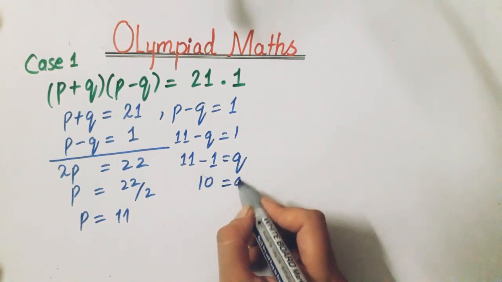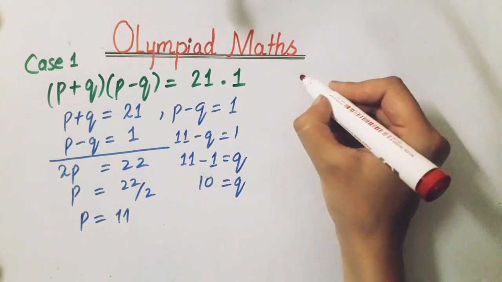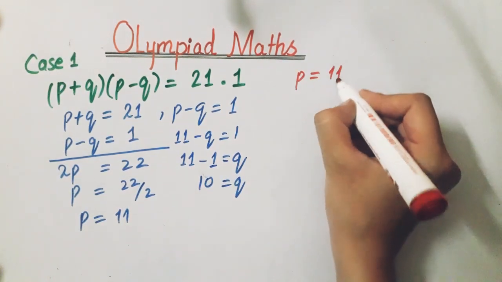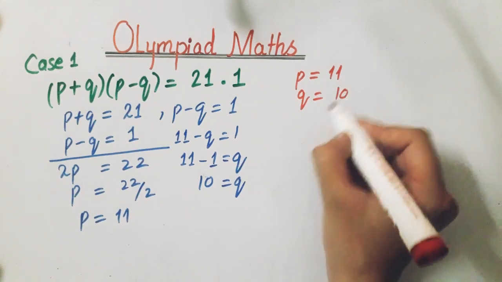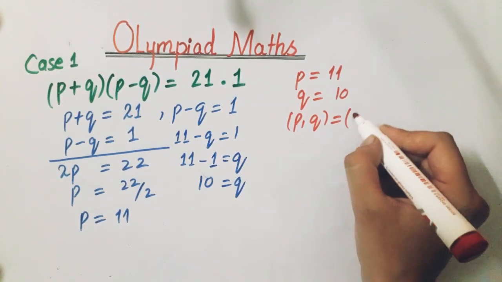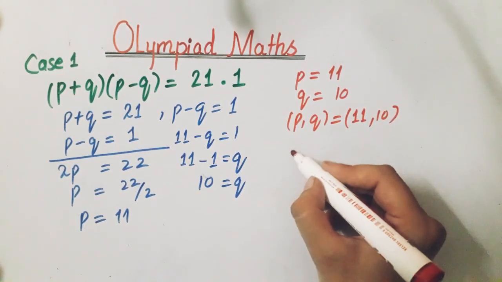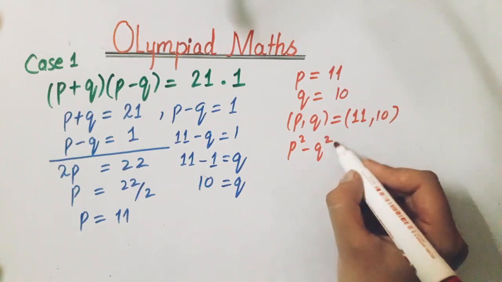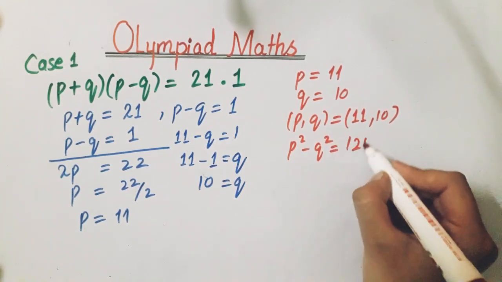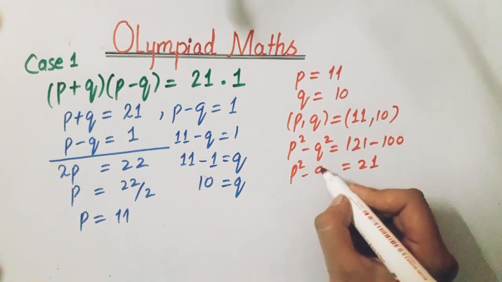So 10 equals q, which implies that we get the pair as p equals 11, q equals 10. So the ordered pair (p, q) equals (11, 10). For verification, we see that p square minus q square equals 121 minus 100, which is equal to 21. So our answer is right.